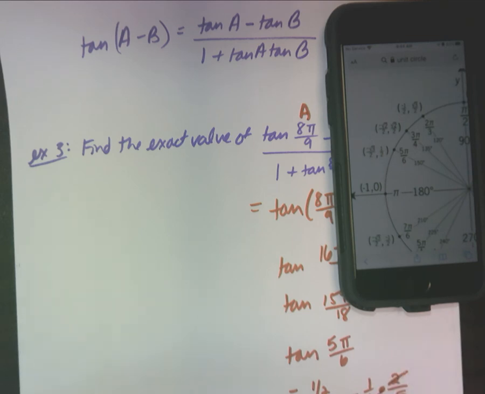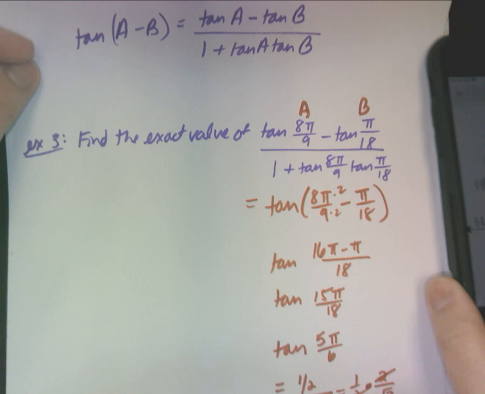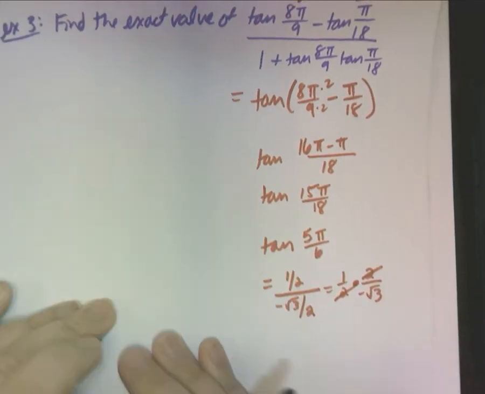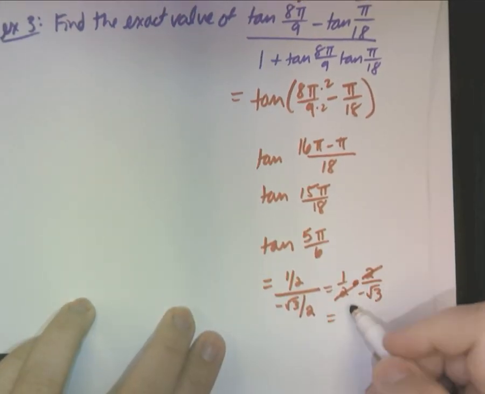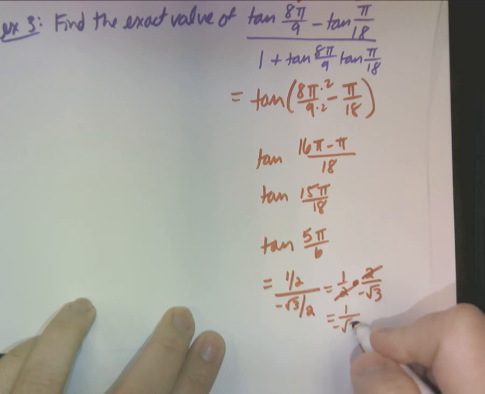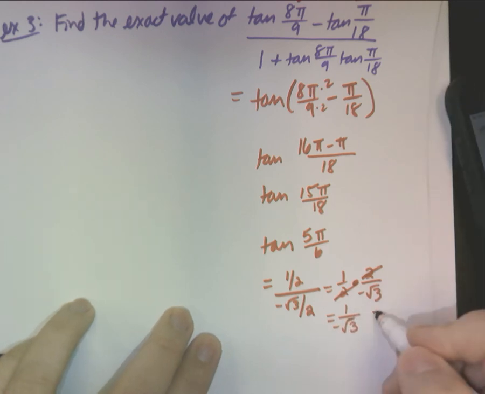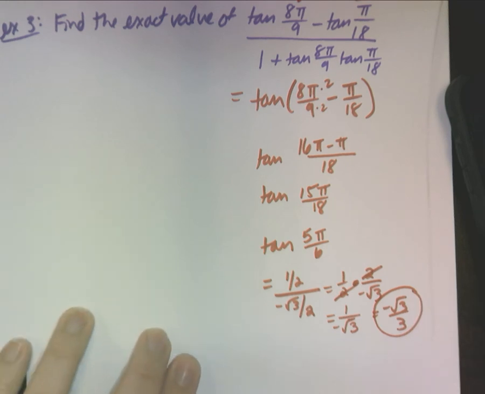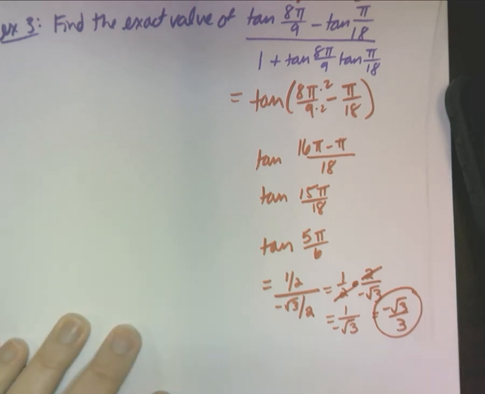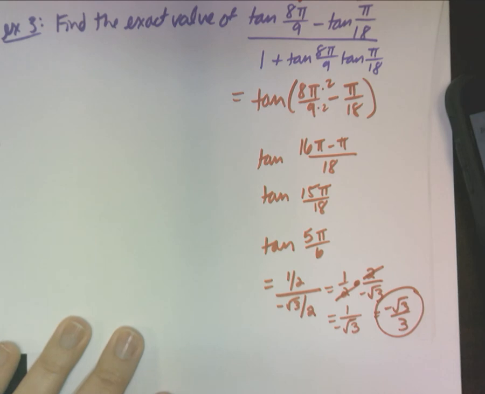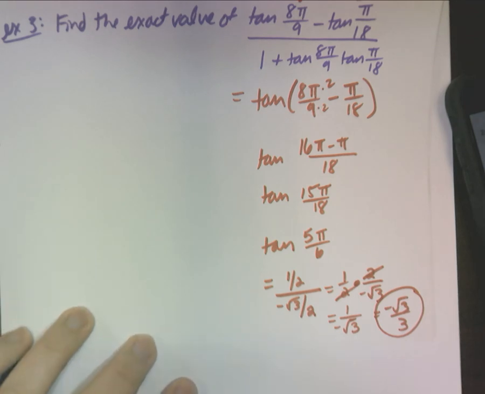These cancel. And then you would get 1 over negative root 3. And then obviously rationalize that would be negative root 3 over 3. That is the exact answer. So pretty simple. Try your homework tonight, and I will see you in the next video. Bye-bye.